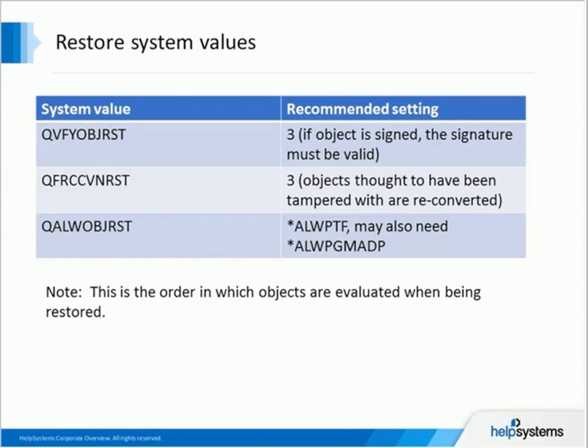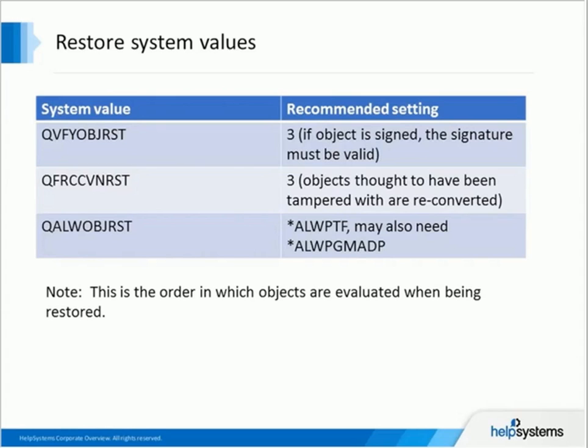The next one is that it looks at the allow object restore system value. This is yet a third control as to what comes onto the system. So you can say, I don't want any system state objects. Those should only be operating system programs coming onto the system, or programs that adopt. There are a few values that you can use to control this.